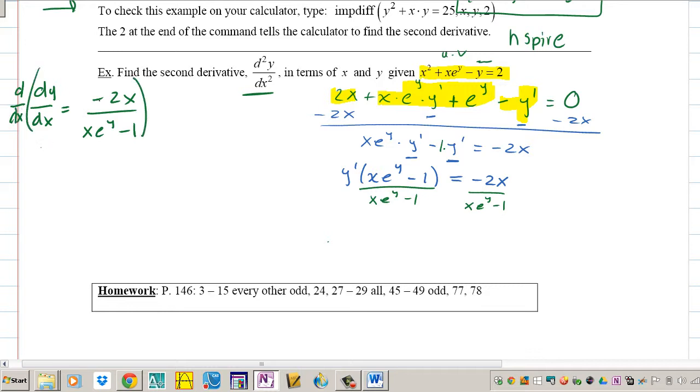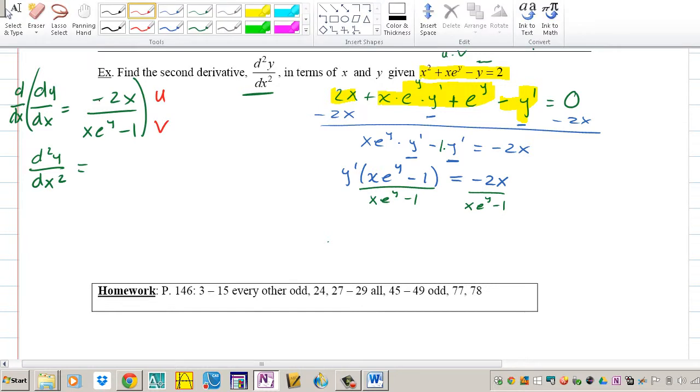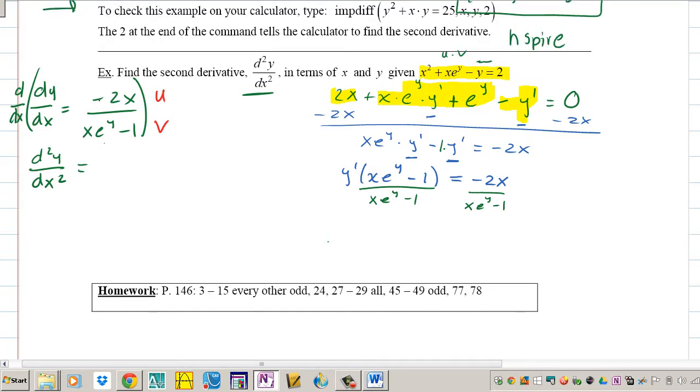So the derivative of a derivative is a second derivative. And now we have a quotient rule. Okay? So let's do this.